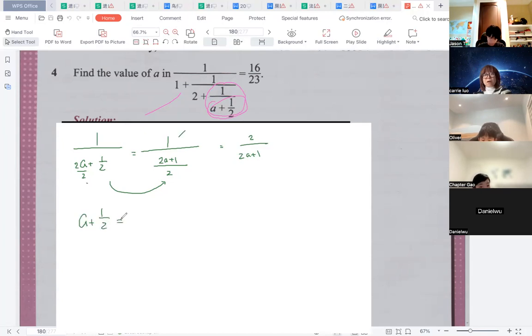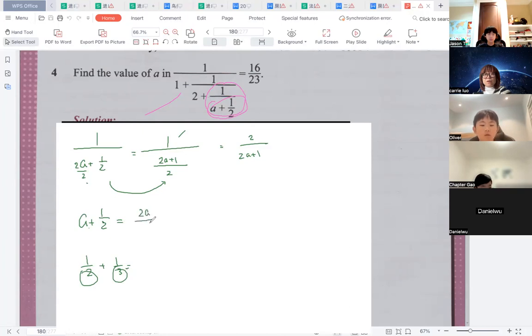So do you remember how we calculate two numbers plus together? For instance, if I have 1 over 2 plus 1 over 3, how do we do it? We need to make the denominator the same, right? So A plus half, you cannot plus them, but I need to change the denominator to be the same, right? For this question, the denominator is 2, so how to change the A to the denominator 2 as well?